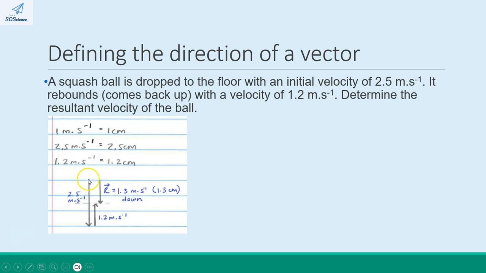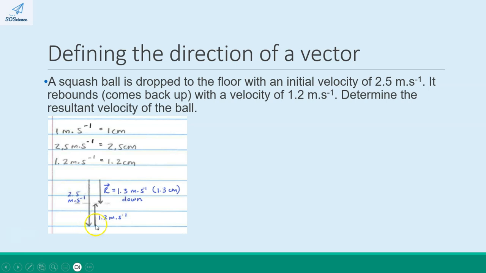The first vector that I drew was the 2.5 meters per second vector down. Using the head-to-tail method, I now need to take my second vector and connect the tail of my second vector to the head of the first vector.